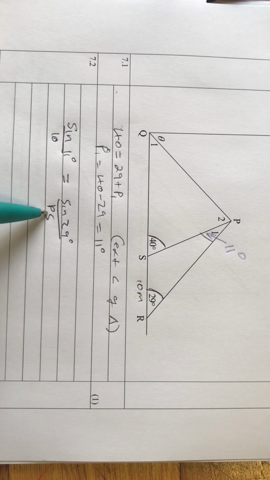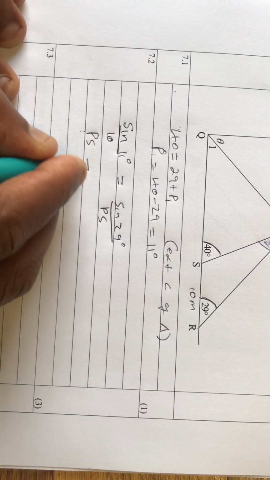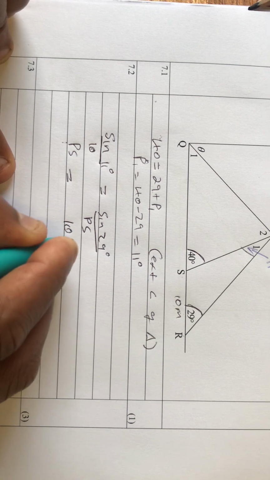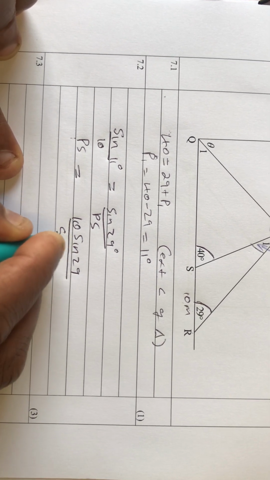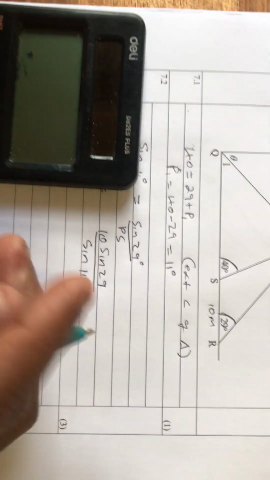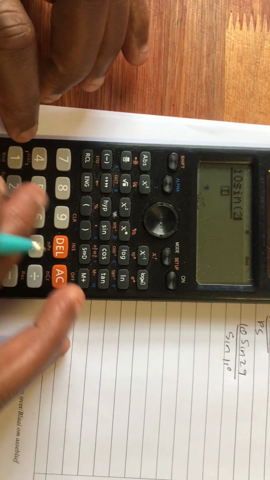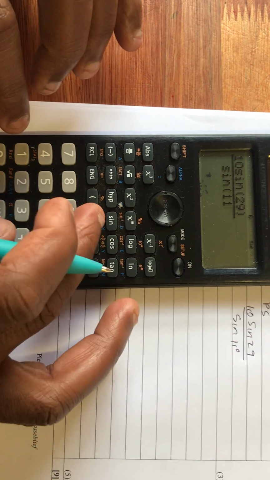Now when you do the cross multiplication, PS will be equal to 10 sin 29 divided by sin 11 degrees. Whenever you use your calculator, this will be 10 sin 29 divided by the sin of 11 degrees.